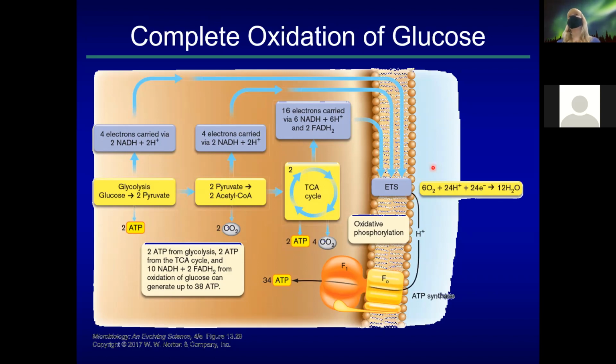I wish again that the artist had put some more protons here, because there should be lots and lots of protons building up outside the cell so that you get a proton gradient established across the membrane. I can't really see it, but those lots and lots of protons.